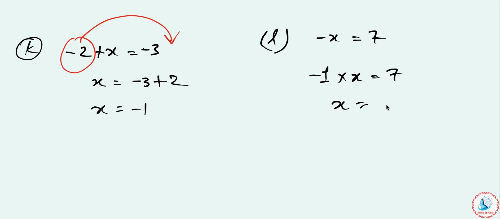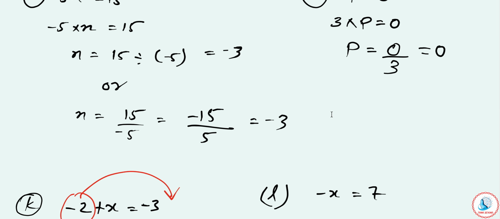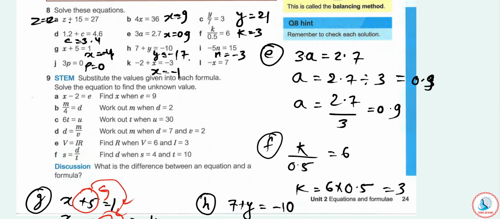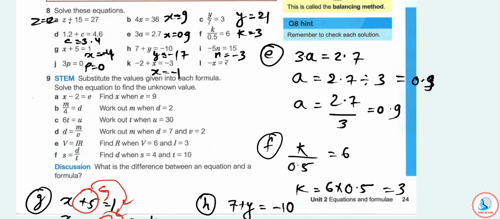So if minus 1 will move here, what will happen? It is also equals to this, right? Any number divided by 1 is the number itself, so our answer is minus 7. So here for L, x is equals to minus 7.